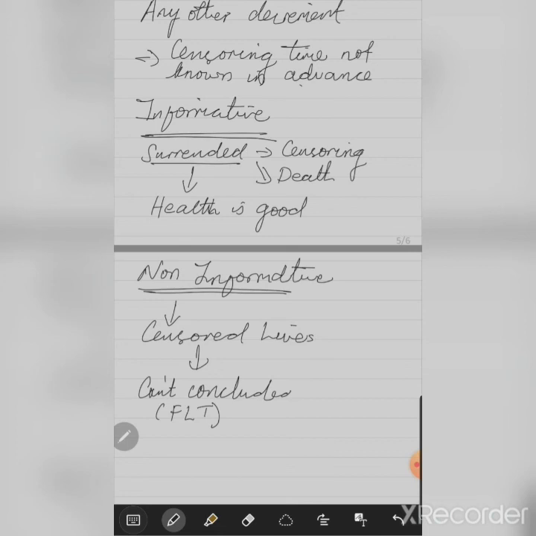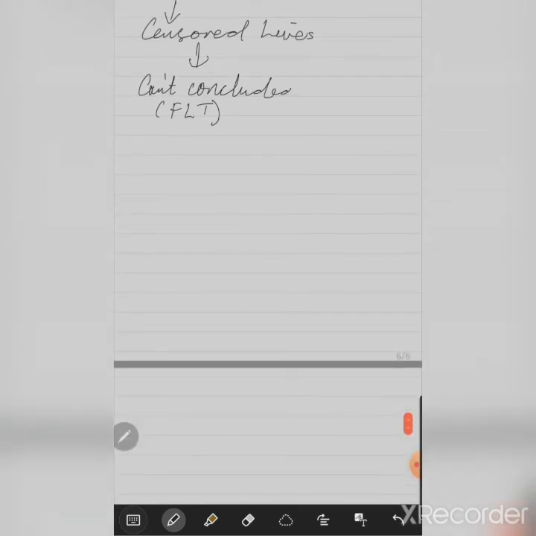The other dimension of censoring is the definition of type 1 censoring. So here also look at type 1 censoring versus type 2 censoring.